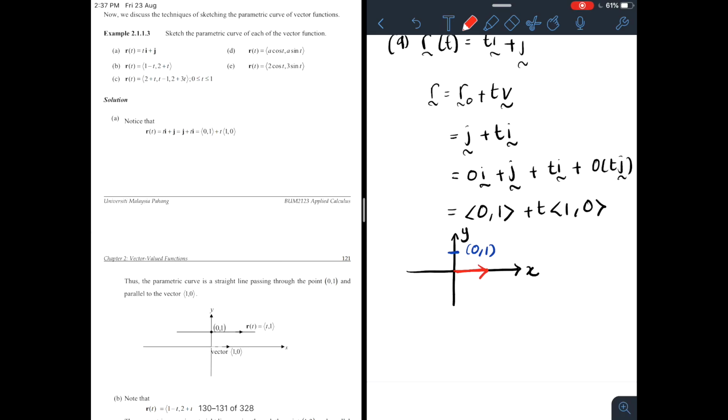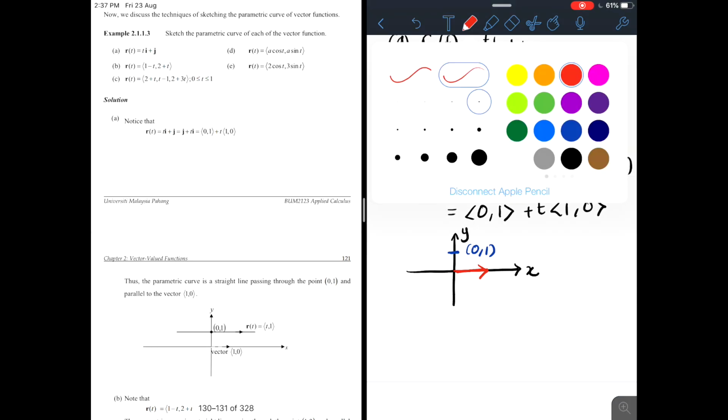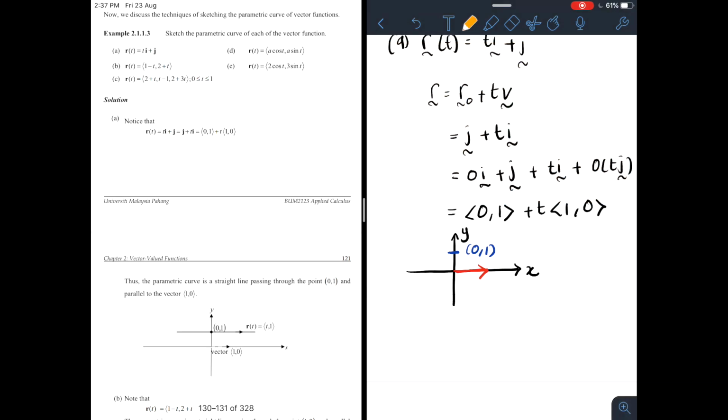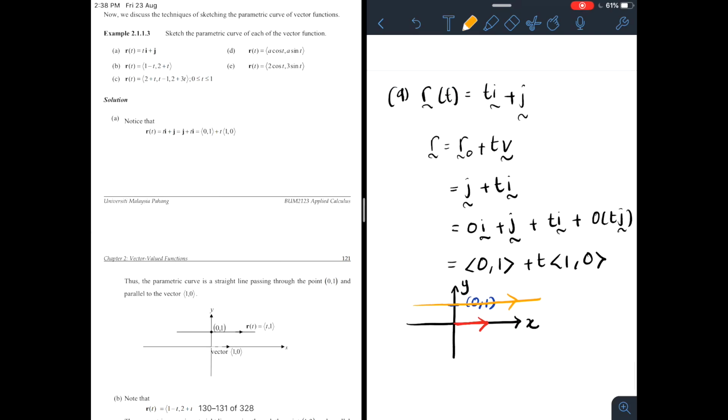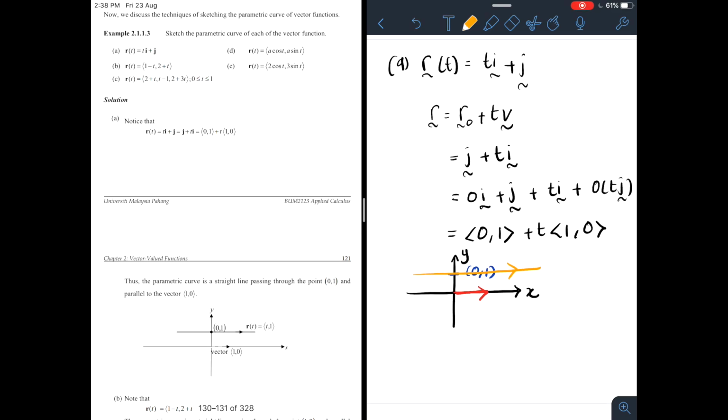Changes occur at the x-axis only, and nothing happens at the y-axis, since the j component of your vector parallel to the line is 0. Then you can conclude that this is the parametric curve, and it should have the same direction as the parallel vector. So that's how you sketch a vector function which will give you a parametric curve.